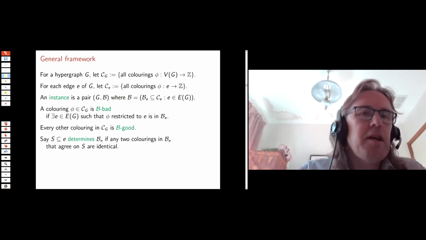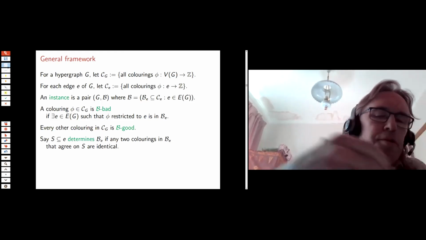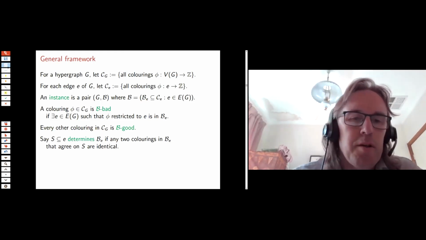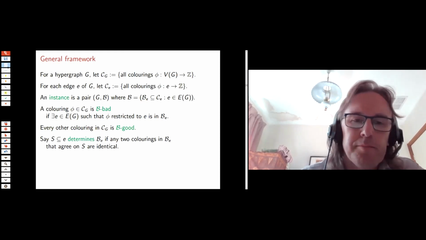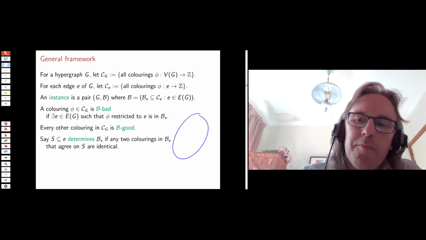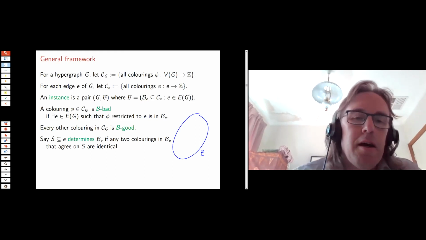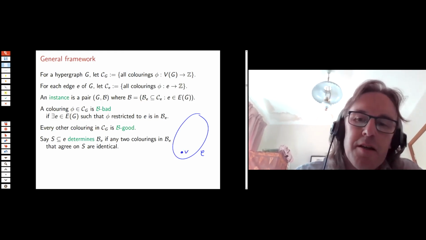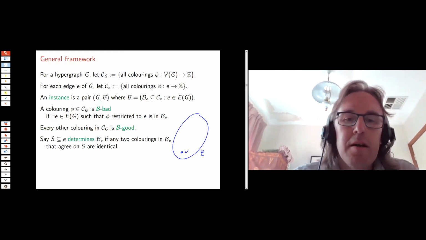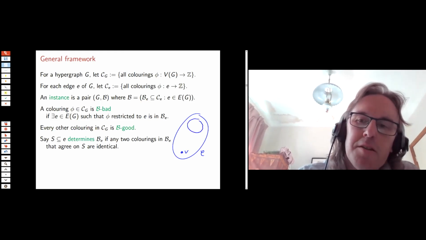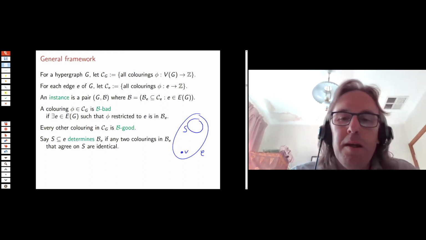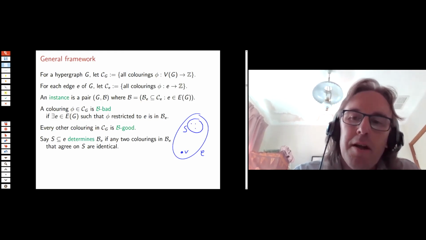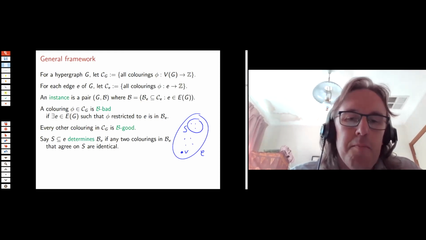And now if you think about generalizing the previous proof to this setting, you'll come up with the following definition. You say a set S, which is a subset of the vertex set of an edge E, determines B of E if I take any two colorings in B of E, and if they agree on S, then they must be identical on the edge.